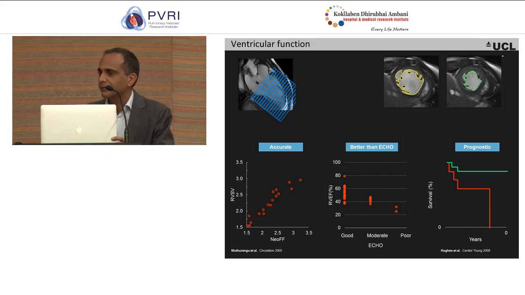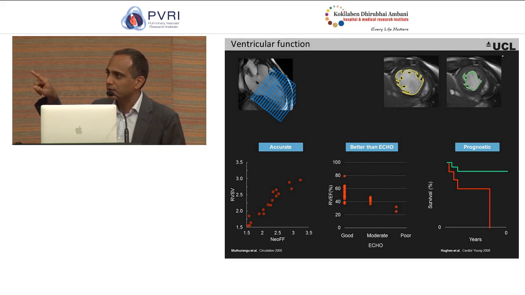Is it vendor dependent, that one vendor versus another vendor, different softwares? Do they generate different data, or nearly the same data? The sequences are different, and the methodologies are sometimes different. So where you segment, the volumes you get should be consistent for any particular methodology, and if you're using it in a serial fashion or a single institution fashion, it should be very reproducible.